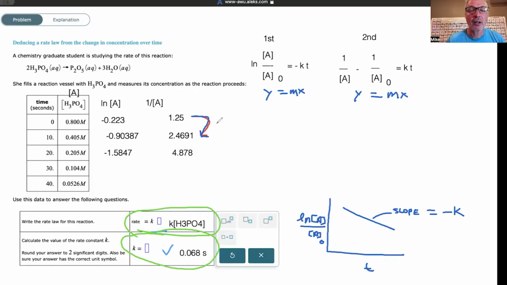That difference is positive 1.219. What's the difference here? Well, I can tell already it's over 2, right? 4.878 minus 2.4691 is a difference of 2.4 something.